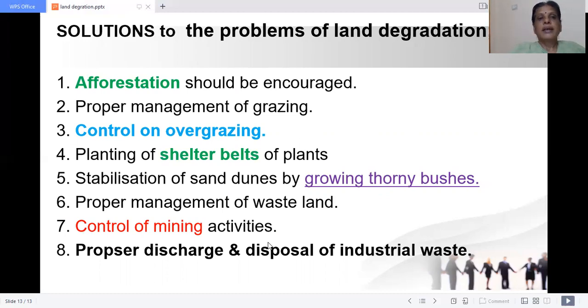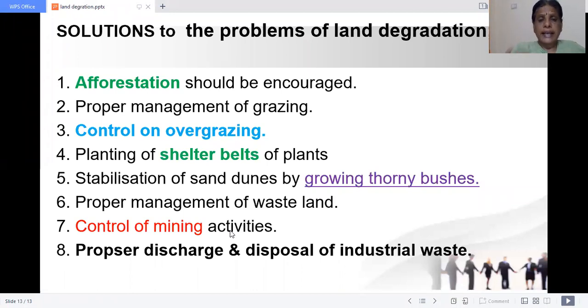So these are the solutions to the problems of land degradation: afforestation, control of overgrazing, planting of shelter belts, stabilization of sand dunes by growing thorny bushes, proper management of wasteland, control of mining activities, proper discharge and disposal of industrial waste.